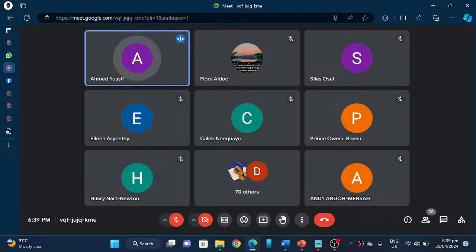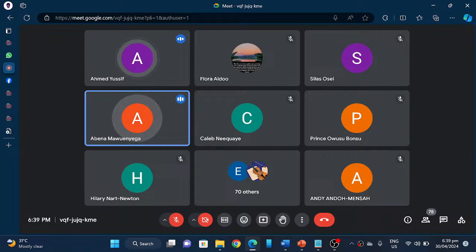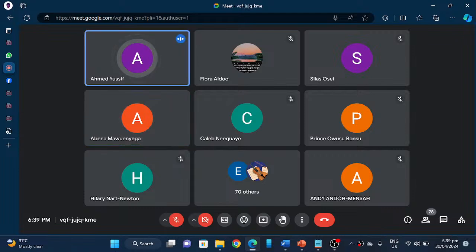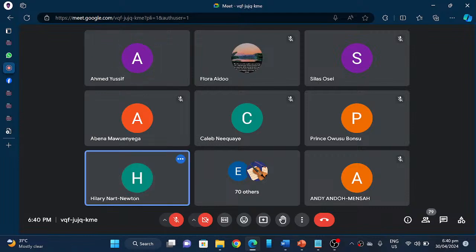Benzodiazepines and barbiturates are GABA modulators, so they act like GABA. Basically, the difference in their mechanism is... Hello, Dr. Ishak. Please, we could not hear you. Could you kindly start again? Can you hear me?